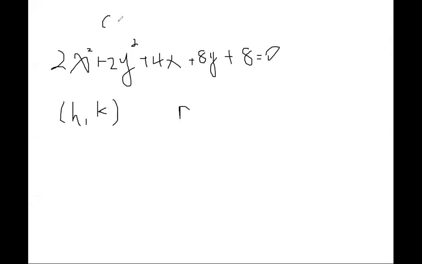Right, this is a circle. You can notice the coefficients for x squared and y squared are the same, so that's why it's a circle. If you finish, then let's do some ellipse.